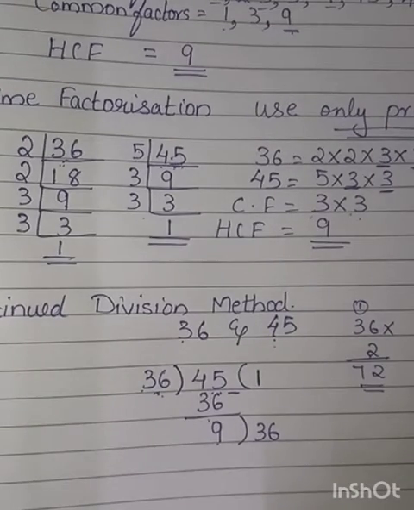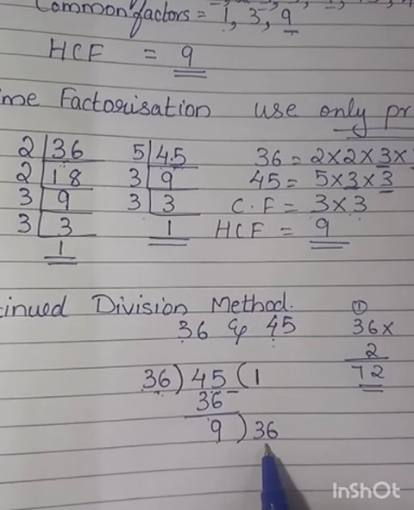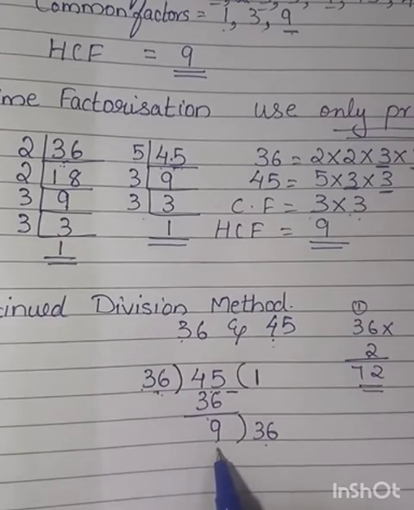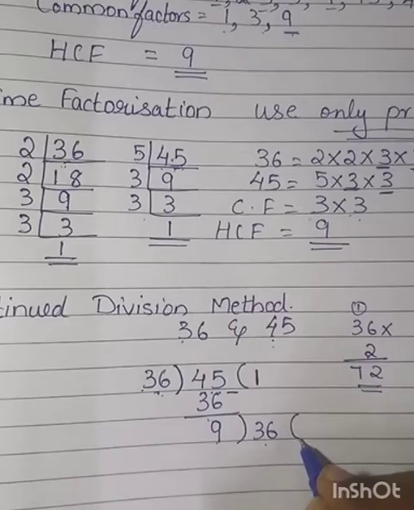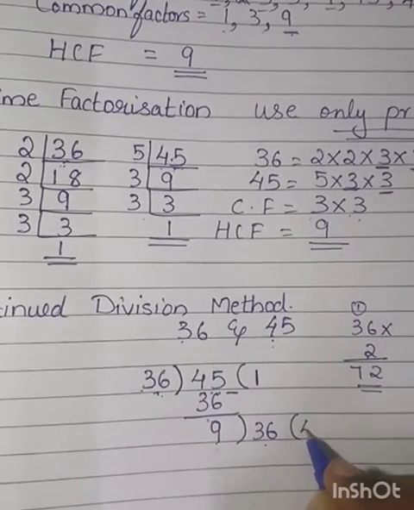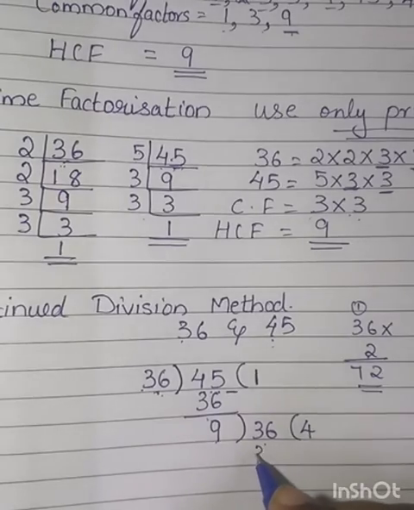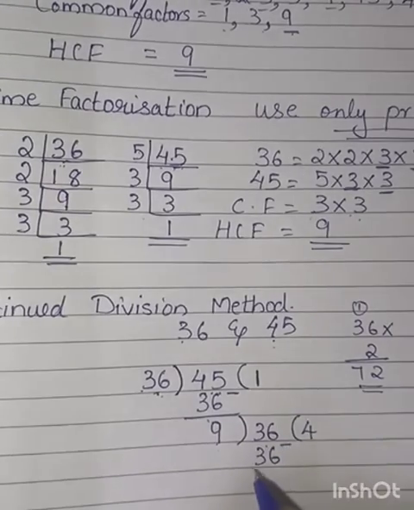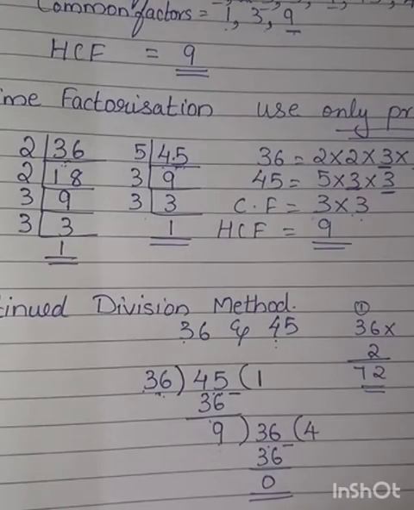Now we have to check in 9's table how many times 36 is going. So we know that in 9's table 4 times it is going. So near to 36 I will draw one curve, and here I will write 4. In 9's table 4 times is 36 itself. Then we can subtract, so you will get 0 as the remainder now.